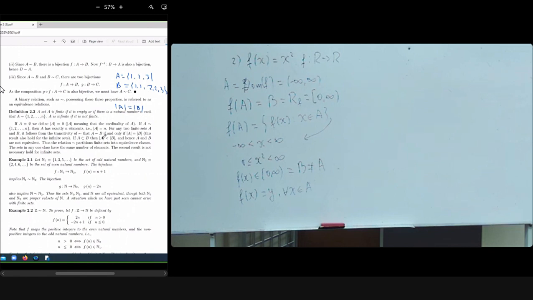In that case, the cardinality is a strict inequality, and they are not equivalent. If the cardinalities are not equal, then the sets are also not equivalent. Such a relation partitions finite sets into equivalence classes, so the sets in any one class have the same number of elements.